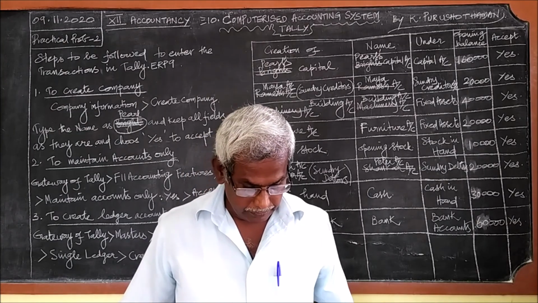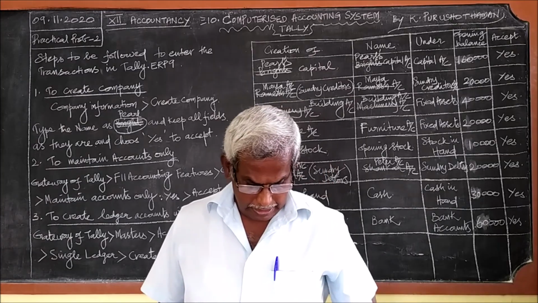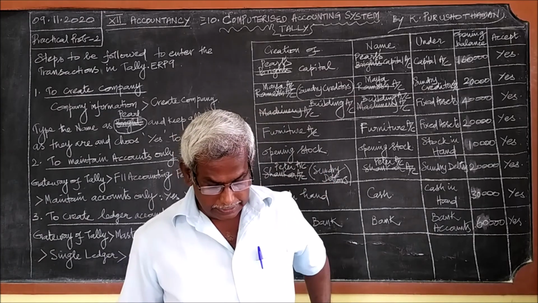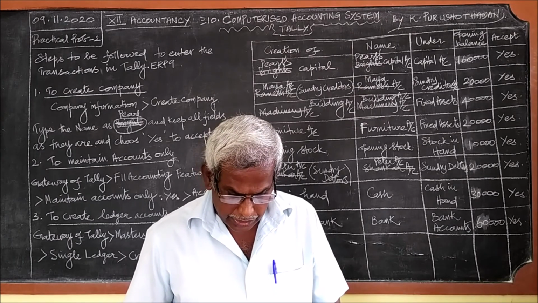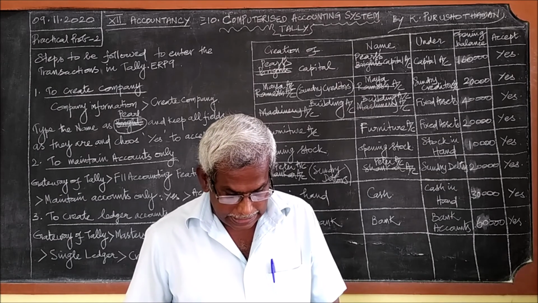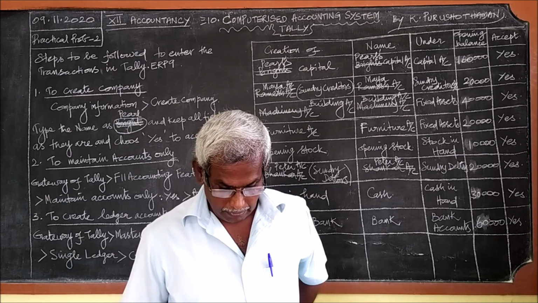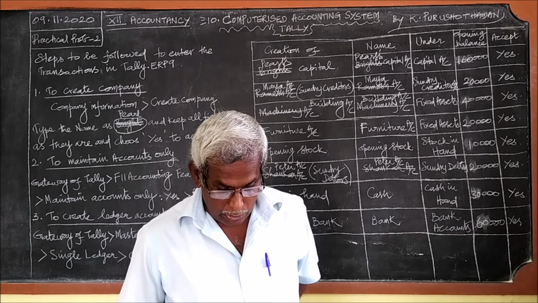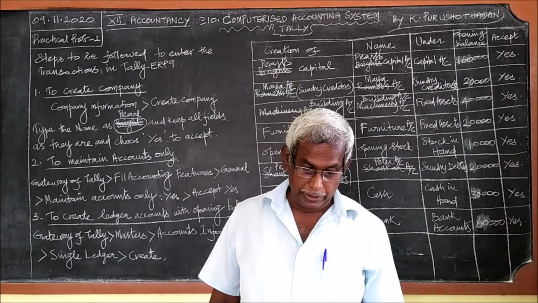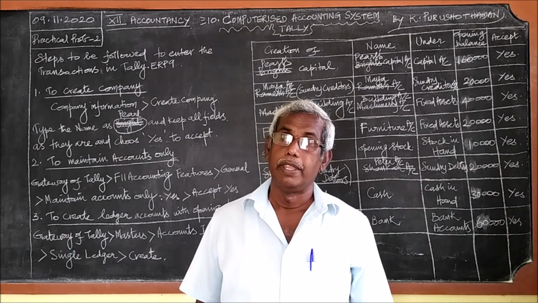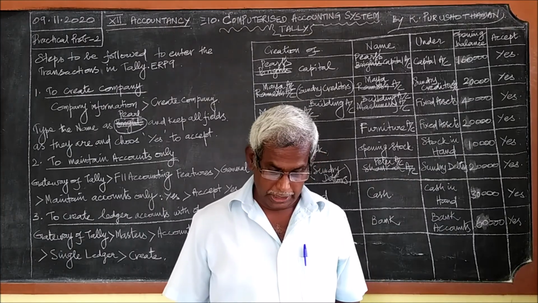Then commonly used voucher types in Tally ERP 9 and five applications of computerized accounting systems. So I have given you some important questions which may be asked in the public examination.